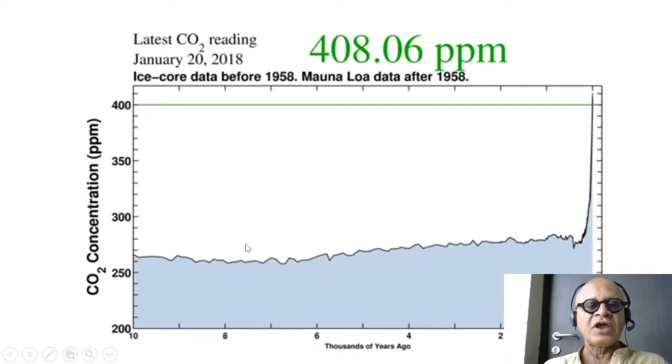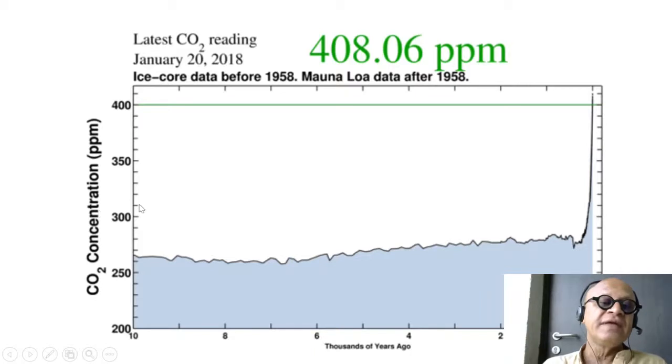But carefully analyzing these actually shows that there are blips here that correspond to people abandoning land, agricultural land, and regrowth of forestation. For example, after large number of deaths during the Black Plague or the Spanish flu and so on and so forth. So all kinds of information is hidden in there.